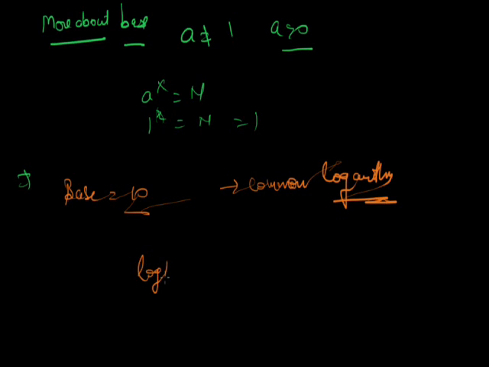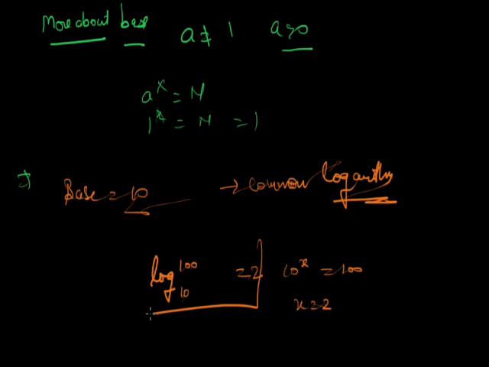Suppose I ask you log 100, obviously the base is 10, and 10 raised to power 2 is 100. If I ask what is the value of log 100, nothing is given here, so by default the base is 10. 10 raised to power x to get the value 100: x is 2. So the answer is 2.